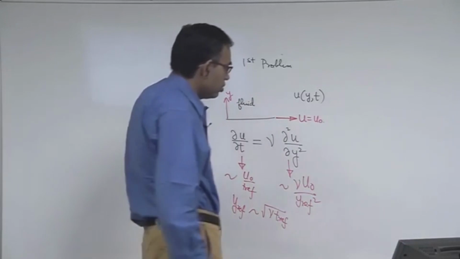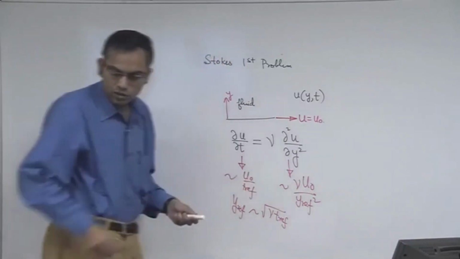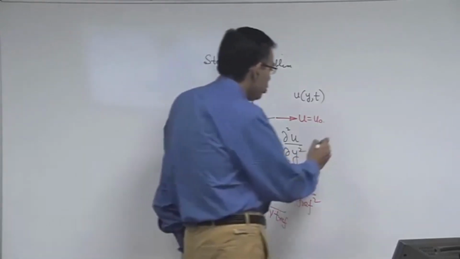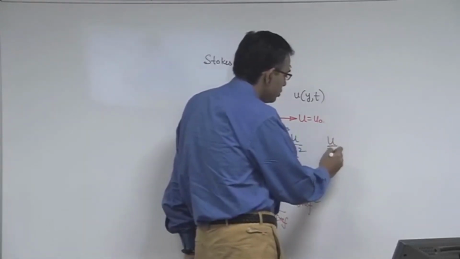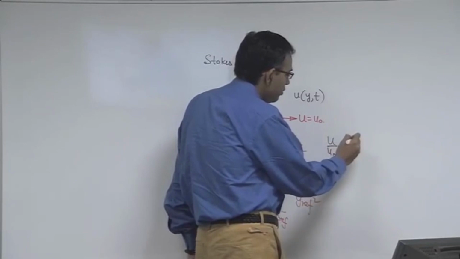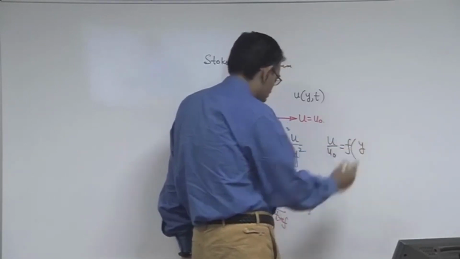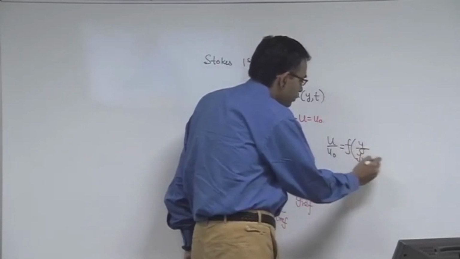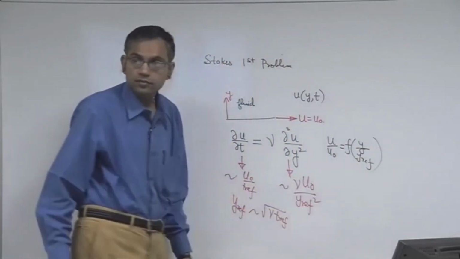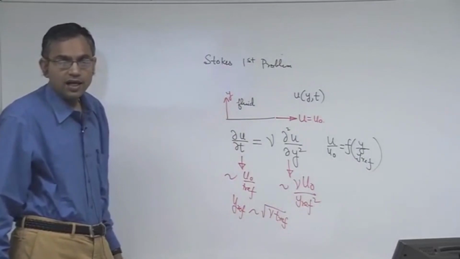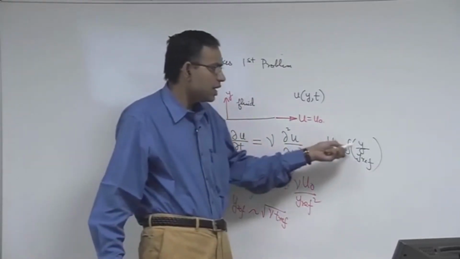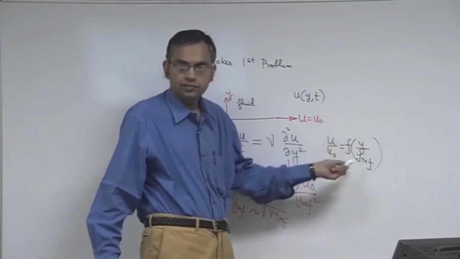So, from here we can qualitatively expect that u by u0 will be a function of y by y ref, and this function is expected to be self similar.